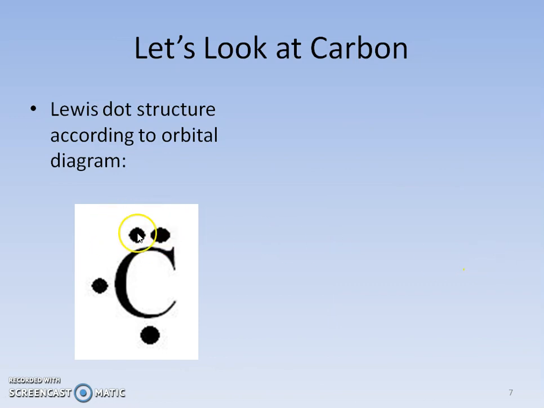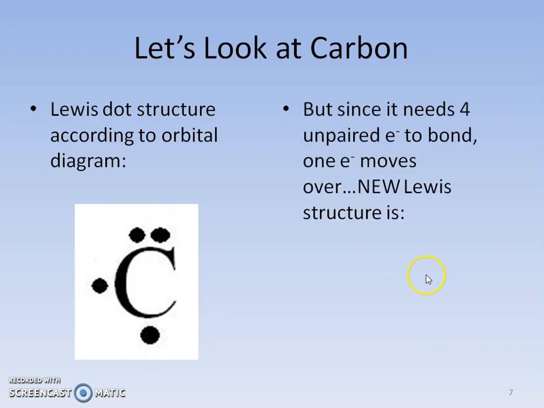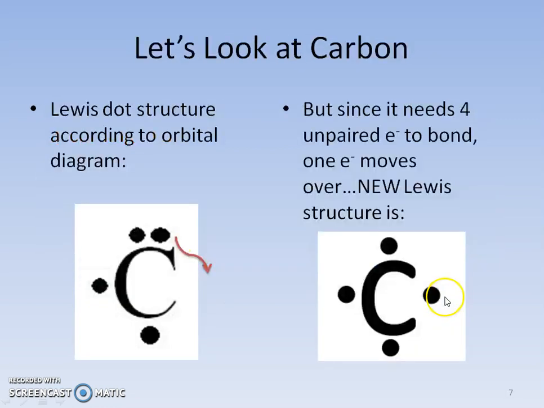It should have 2 together as a pair, because that would be the 2s orbital, and then 2 singles. However, we know that's not the case. We know that carbon can bond 4 times, so something has to move over. What moves over? This 1 electron is going to move over here in order to have those 4 single electrons to make four single bonds.